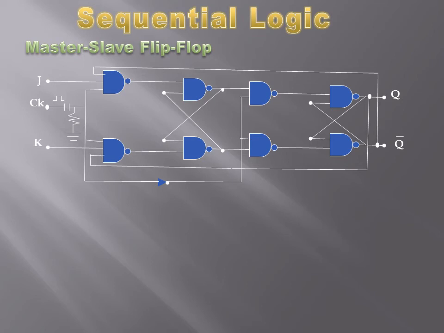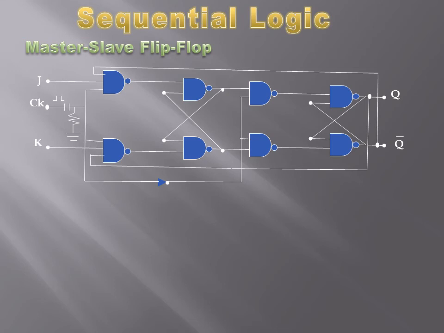And the clock of the first stage is connected with a NOT gate to the next stage. The first stage of the JK flip-flop is known as the master because it controls the operation, and the second is known as the slave because it receives what is being given by the master.